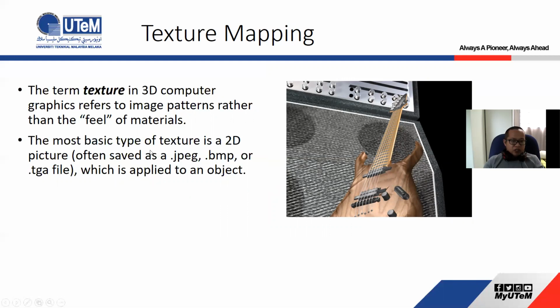The most basic texture is a 2D picture, often saved as a JPEG, BMP, or TGA file, and so forth. So the output of image rendering can be a JPEG file, BMP file, and also TIFF file, and so forth.